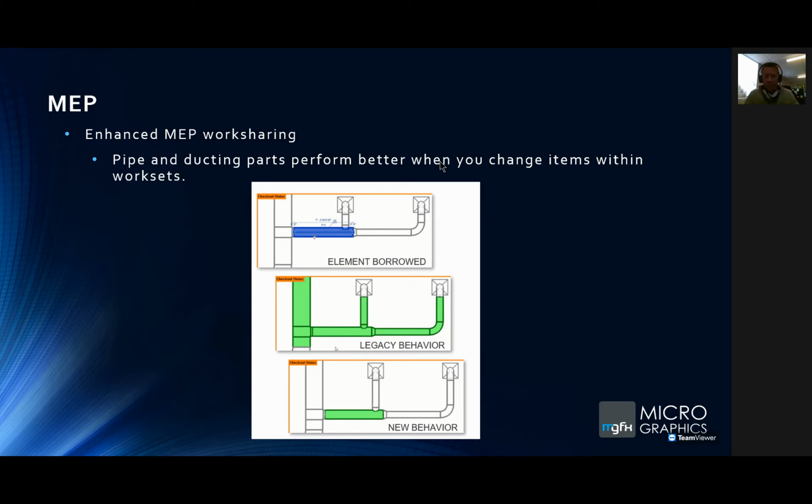In the past, if you had edited one of the elements, it would have picked up the whole run of that duct in that case. But now the bottom picture there, the element that you've selected in the top picture, that element only you would then be able to edit and use. So the performance is just a little bit better with regards to the work sharing environment within MEP.